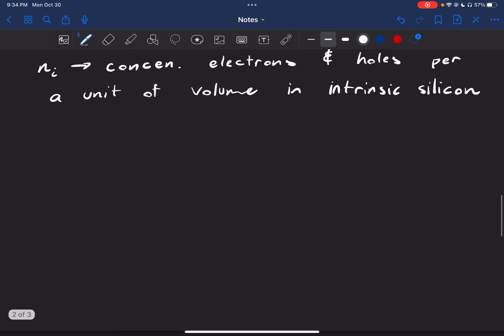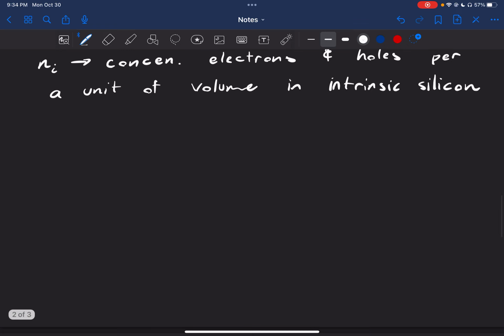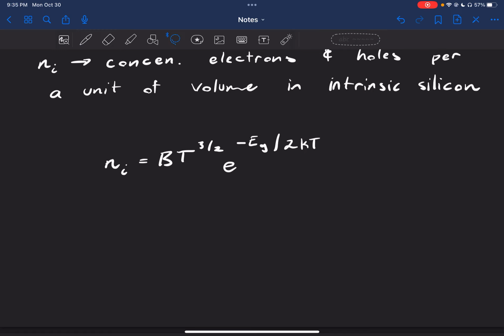And there's actually a formula that determines the concentration of electrons and holes per unit volume in intrinsic silicon. So that equation is n_i equals B times T to the 3/2 times e to the negative E_G over 2kT. So we're going to go over these constants.